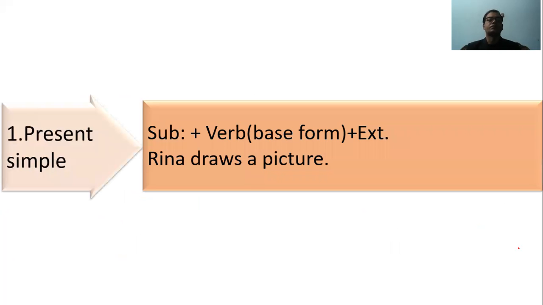First of all, we are going to know present simple. Present simple structure: subject, then you have to use the base form of verb, then extension or object.